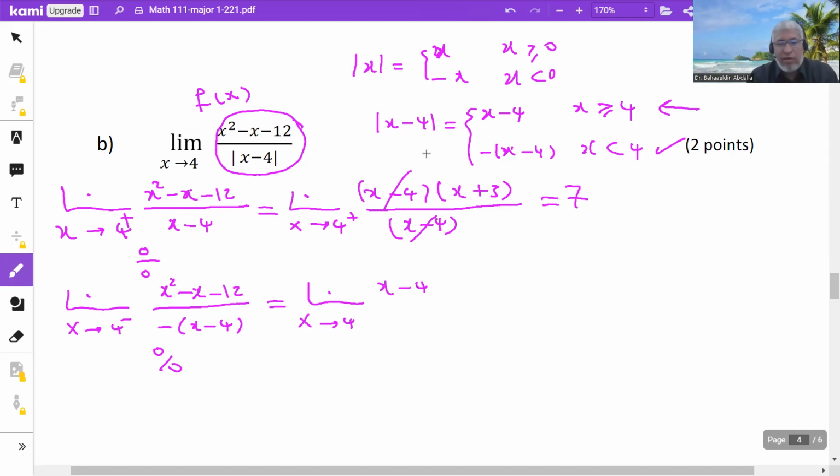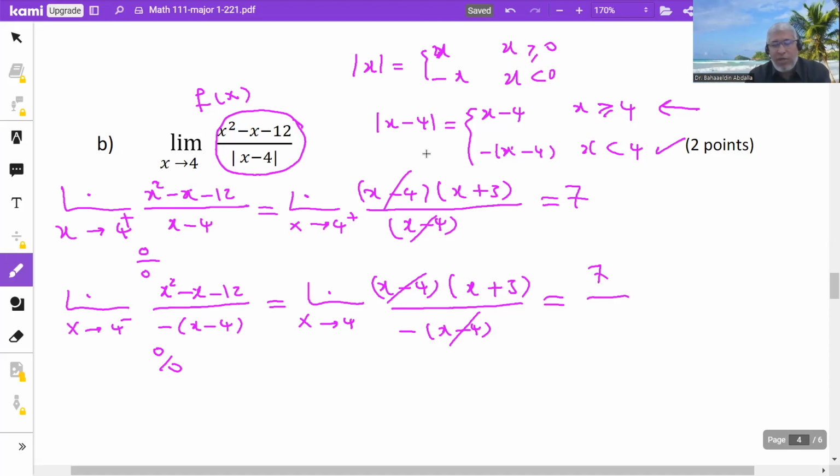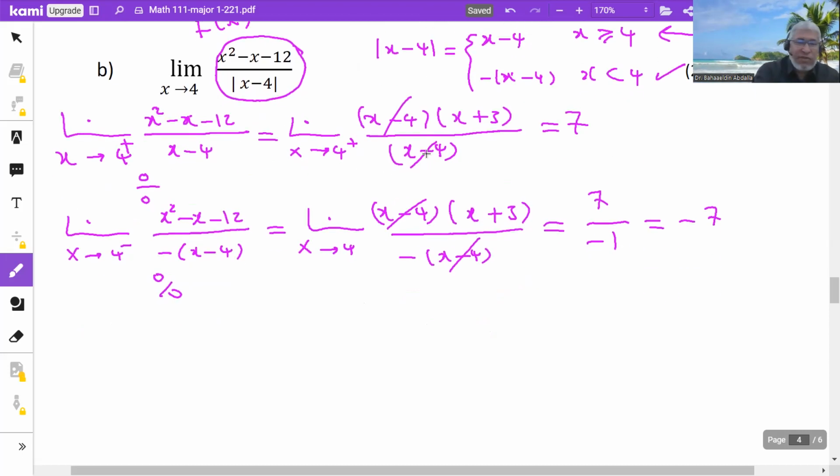So you try factoring. And the same as above, but I'll have a negative sign here. So when I replace x by 4, I'll have 7 up in the numerator, but in the denominator, I still have negative 1. So the answer is negative 7.